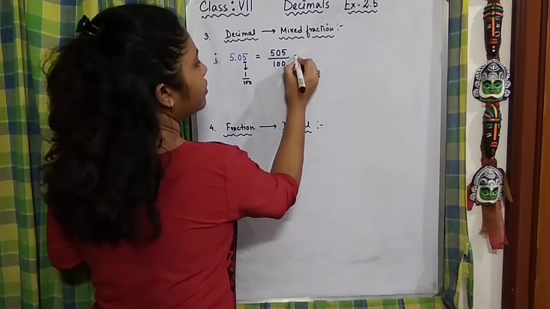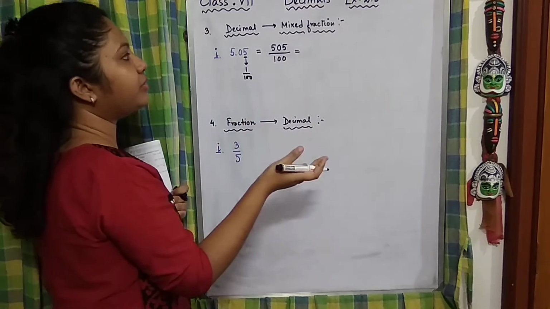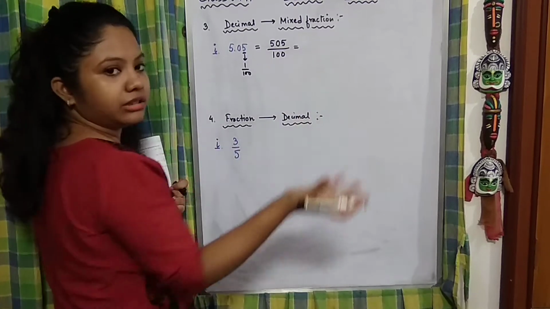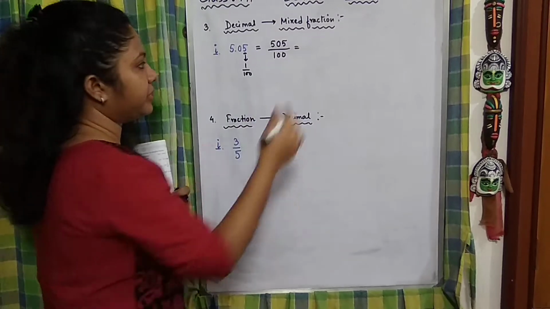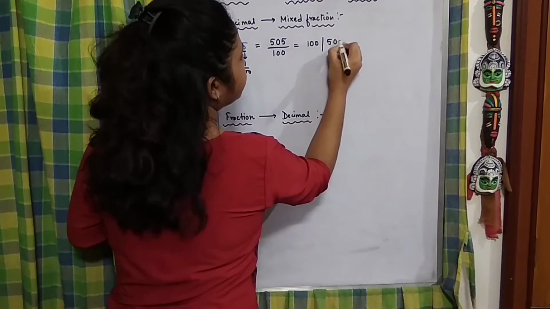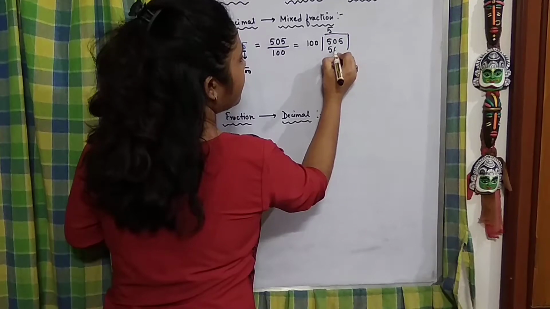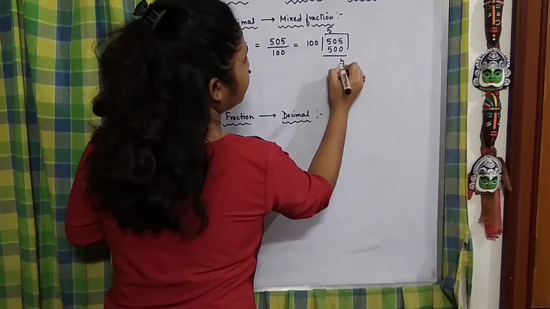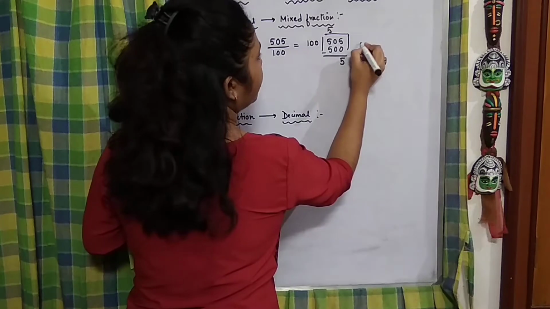Now what we have to do? You can see this is an improper fraction. We have to convert it into its mixed fraction, because improper fractions cannot be kept like that. So let's divide it. 100 fives are 500, and after subtracting it gives a number of 5.